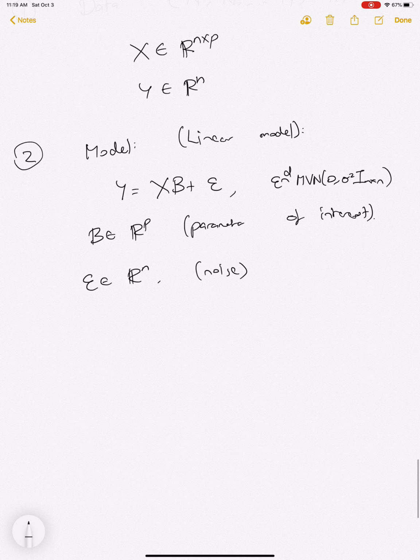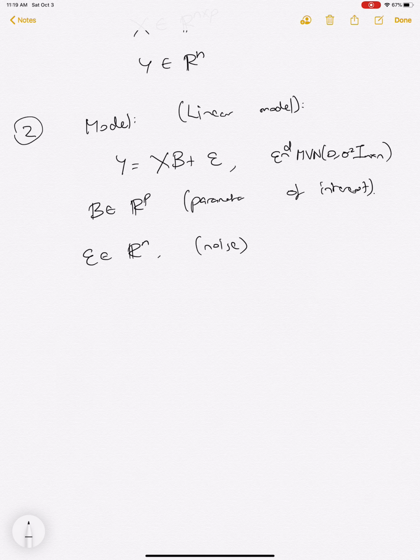Okay. And the other key thing is that we assume further that b0 is sparse.